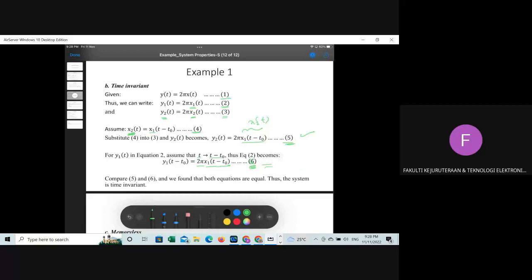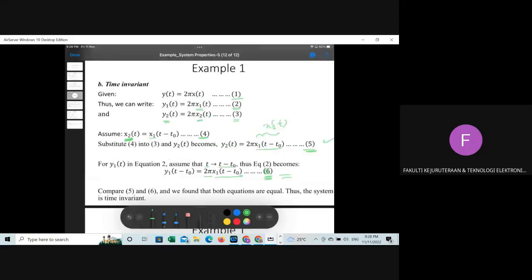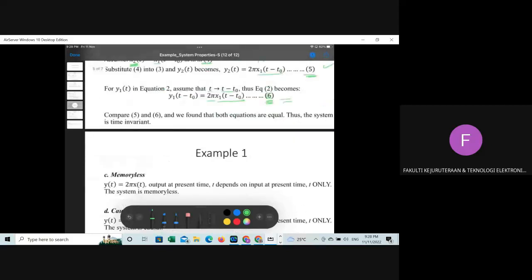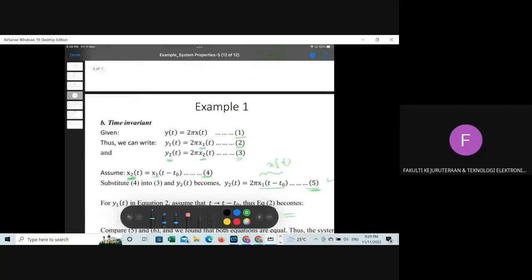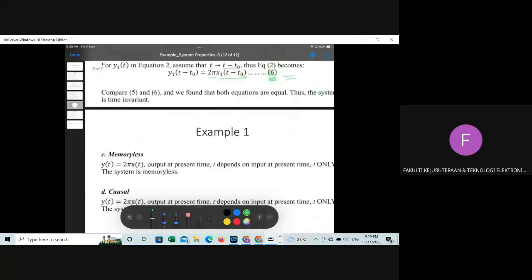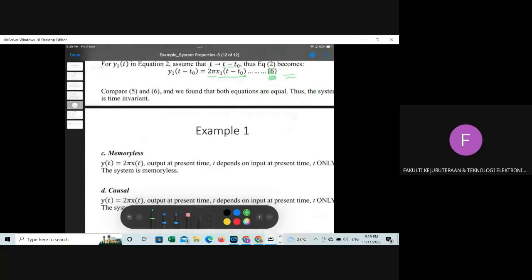We also have an example of not time invariant. Just follow the steps, easy. This is how we prove it, and you can apply it for any signal.